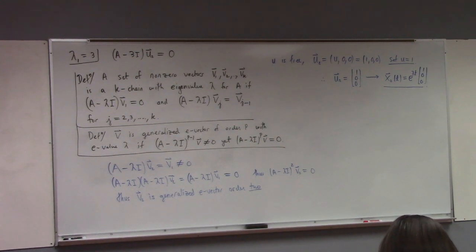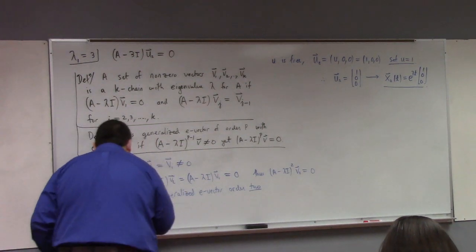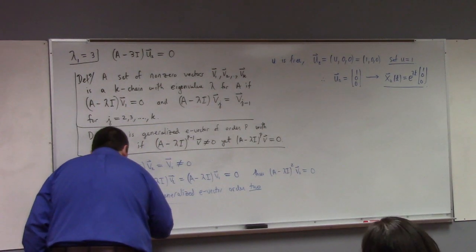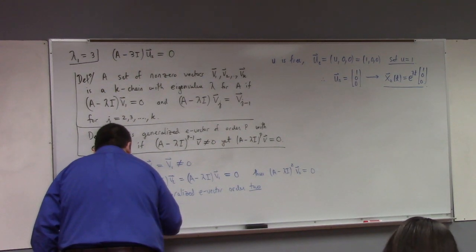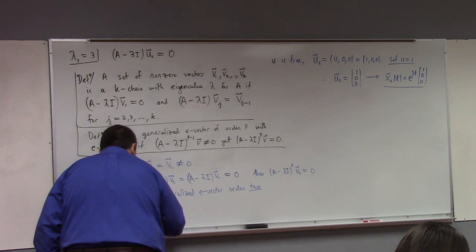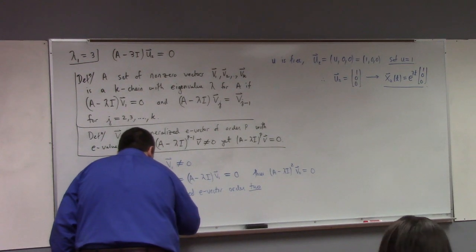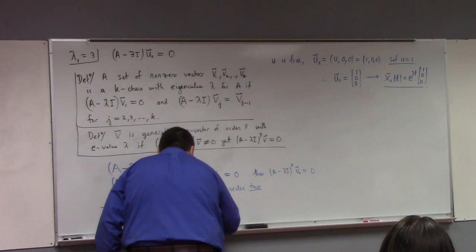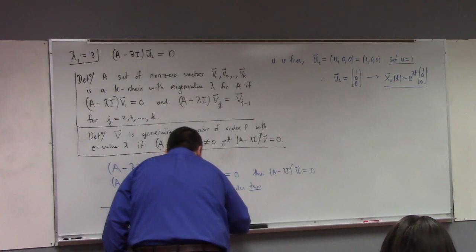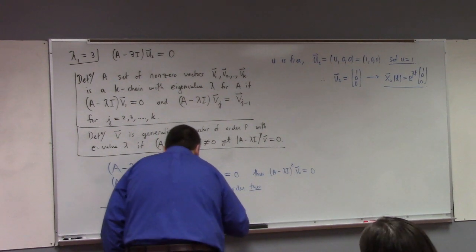We could go on. We could show, likewise, if A minus lambda I times v3 is equal to v2, that implies that A minus lambda I squared on v3 is equal to what?